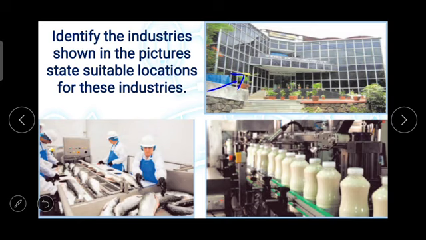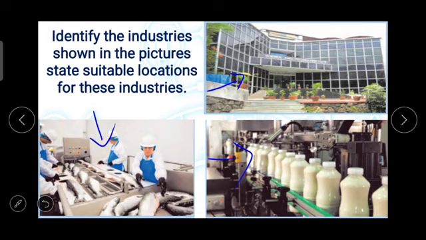Then this one you can see fish, you can see in the picture, and in third one something related with the milk. So by understanding these images, you have to state suitable locations for these industries.